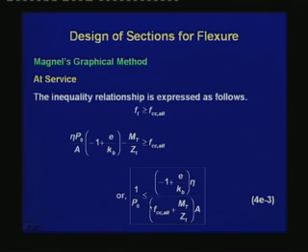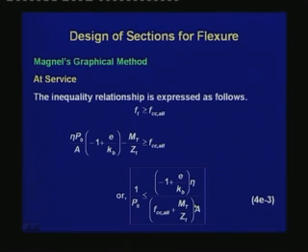Thus, when we plot the straight line, it will pass through the point E equal to Kb, and note that in this inequality relationship 1 by P0 has to be less than or equal to the value on the right hand side.